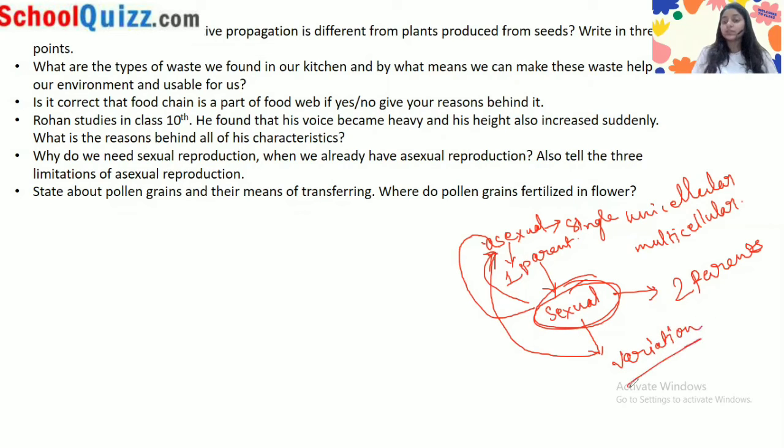And you know that variation is very important for the species to survive in the environment, for the existence of the species. So in sexual reproduction there are variations, okay, and this thing is absent in asexual reproduction.